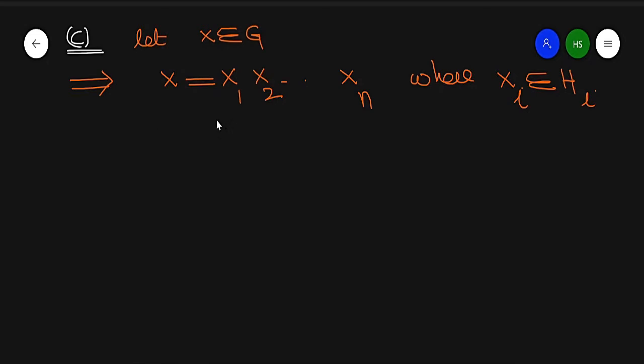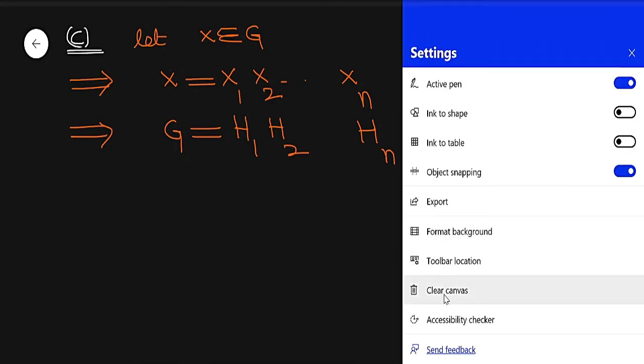So it means we can write G as a product of H1, H2, H3 and Hn. So all three parts A, B, C are satisfied, which proves our result.